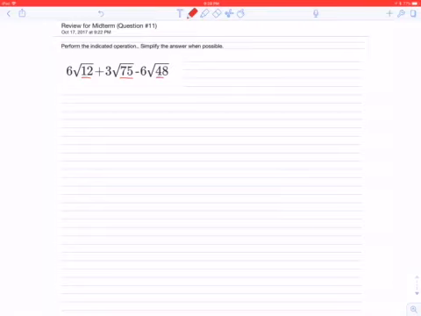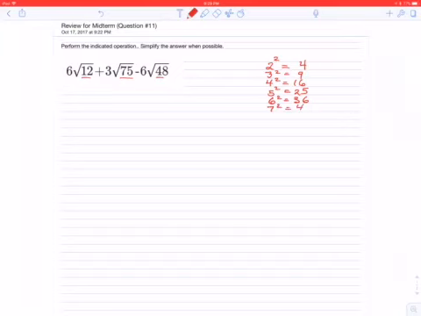So I'm going to list some perfect square factors. So 2 squared equals 4. 3 squared equals 9. 4 squared equals 16. 5 squared equals 25. 6 squared equals 36. 7 squared equals 49. 8 squared equals 64. 9 squared equals 81.